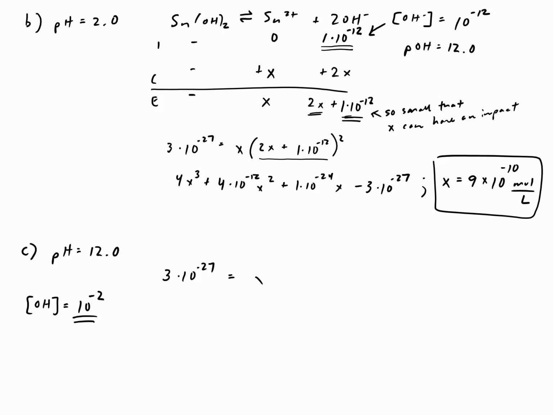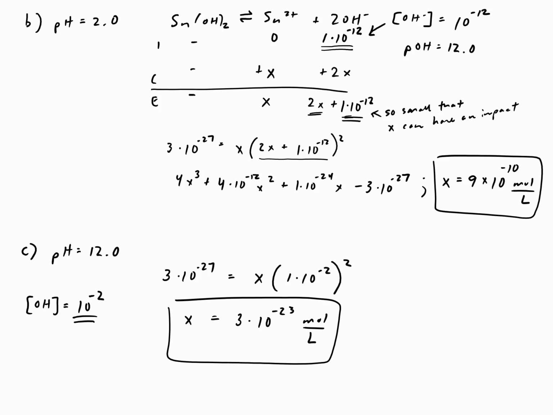So this is going to be x, 2x. It's safe to assume that the 2x is fine. So this is going to be 1 times 10 to the negative second, squared. So x on this problem is going to be 3 times 10 to the negative 23rd moles per liter.